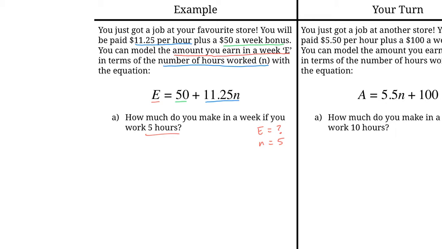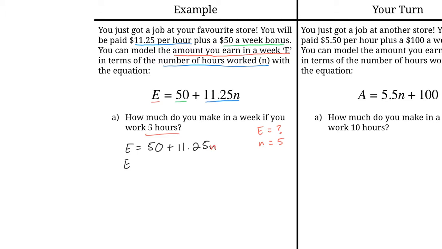So start by writing out your original equation. Our equation was given to us. It's just E equals 50 plus 11.25 N. If you list out all the information that you're given in the question and what you're trying to find, this will be very helpful so you can start substituting. Since I know that N is equal to 5, I'm going to take this N and replace it with 5.